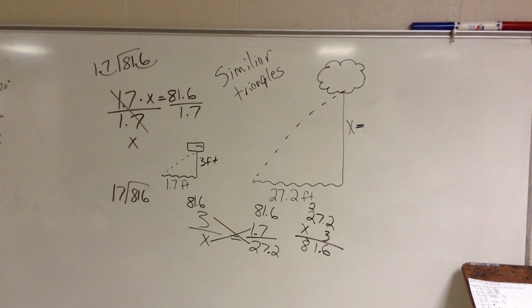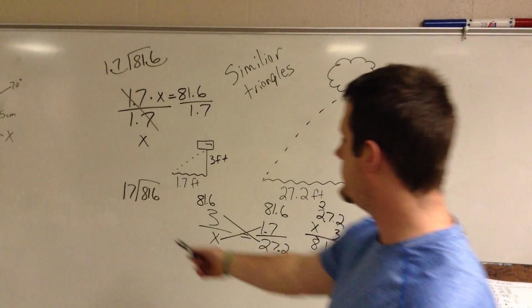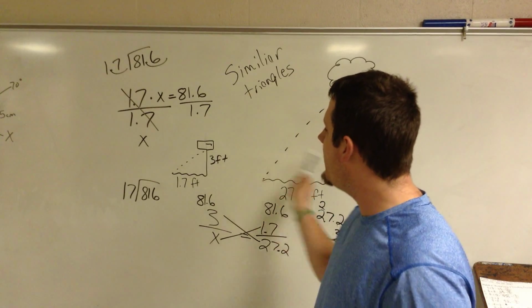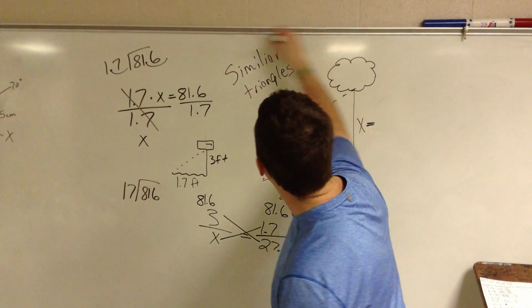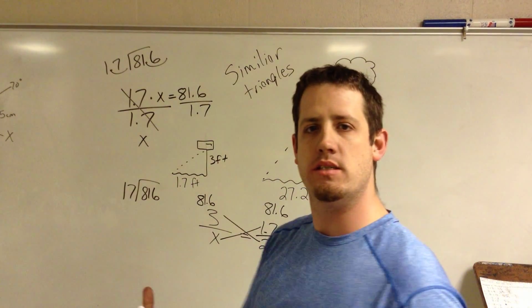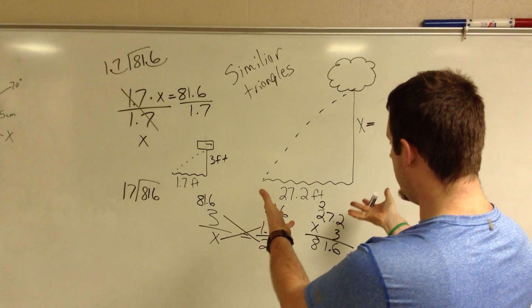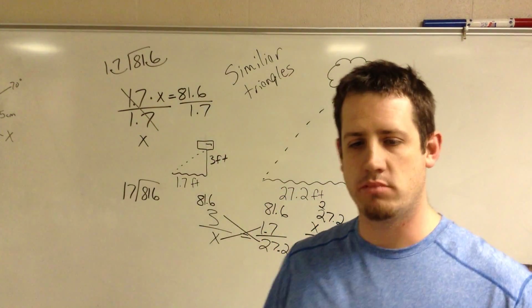Y'all with me there? 17 into 816. So when we have a shadow question, what you need to remember is that we create similar triangles. And then we can just use all those things that we've been doing in class: setting up the proportion, cross multiplying, and then dividing by whatever that number is.